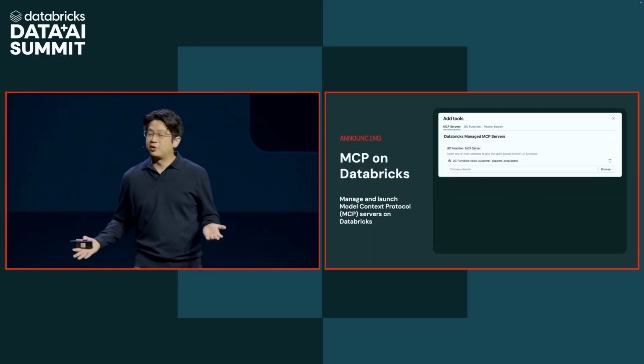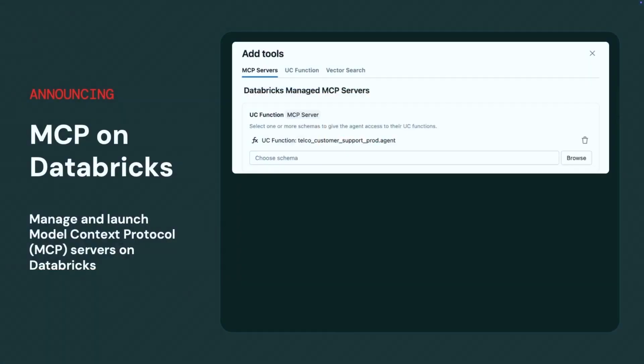Model Context Protocol is a common protocol to deliver tools and knowledge to large language models. So we're very excited to share that we're now launching support for MCP on Databricks. First, you can host your own MCP servers using Databricks Apps.